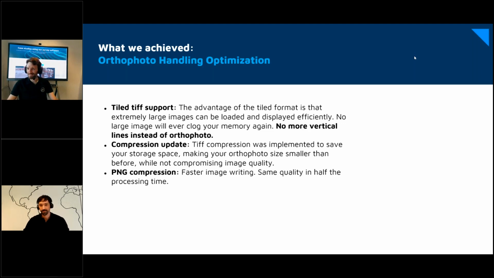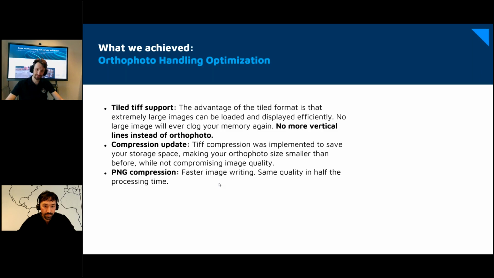Taking back the mic. So we also made some orthophoto upgrades. We had a couple of imperfections before. For example, tiled TIFF support was not implemented. So if you remember, maybe if you have tried to upload it, the tiled TIFF that you got looked like, well, nothing like the image you'd expect.